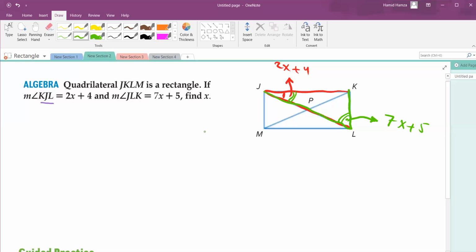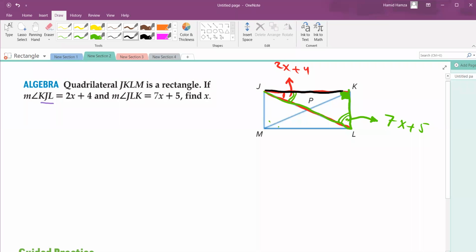Okay, guys. We mentioned the parts around the diagonal. Do you remember these angles? What is the measure of angle K? It is 90 degrees. Also M is 90. I want you to focus on triangle JKL.